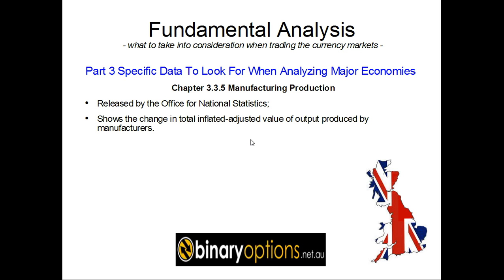Now, this one, like mentioned earlier, is released by the Office for National Statistics in the United Kingdom. It shows the change in total inflation-adjusted value of output produced by manufacturers. So again, what it means is it shows the change in total inflation-adjusted value of output produced by manufacturers.